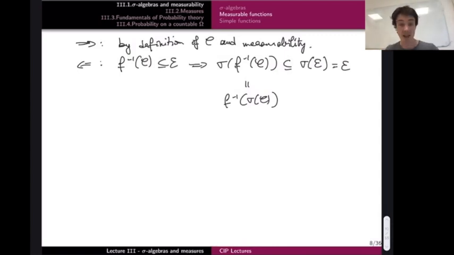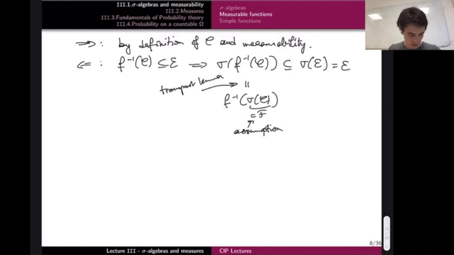Well, by assumption of the proposition, this is equal to calligraphic F.